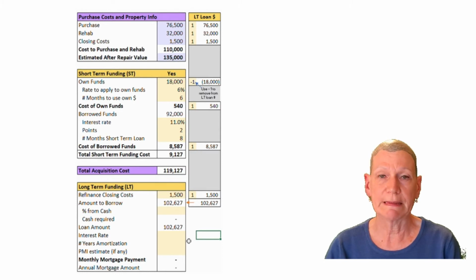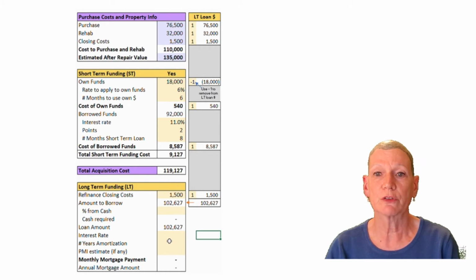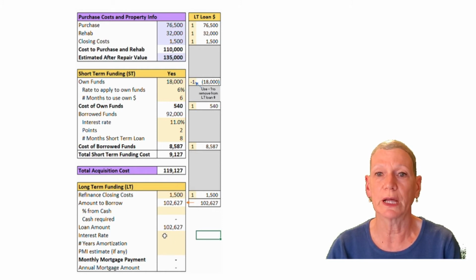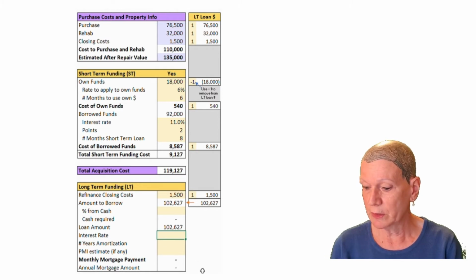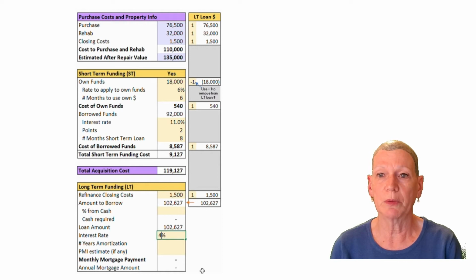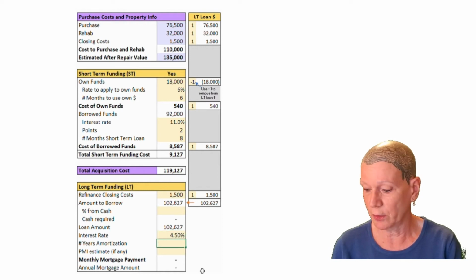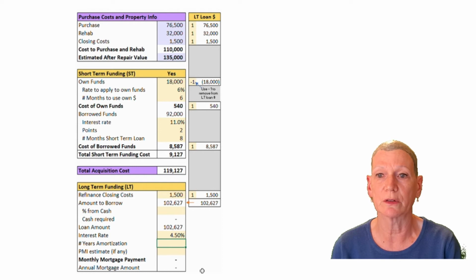You should have an idea right at this point when you're doing your analysis of this potential rental property of what your interest rate and amortization is going to look like. Of course, that could change by the time you get to actually doing the refinance, but you need to have some idea at this point so that you can do this analysis. So in this case, we're going to say that we're going to be able to get a 4.5% loan that's amortized over 20 years.